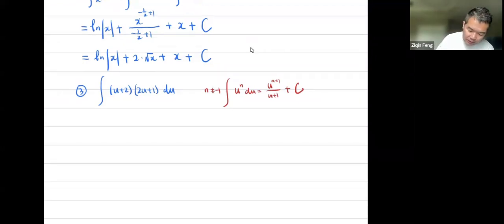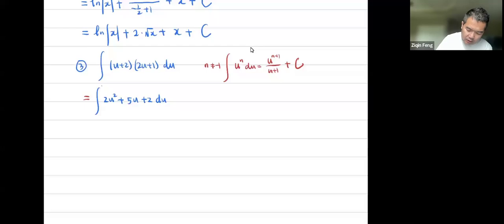So this is basically the integration of 2u squared plus 5u plus 2 du, right? And this is 2 times u cubed over 3 plus 5 times u squared over 2 plus 2u plus a constant c.